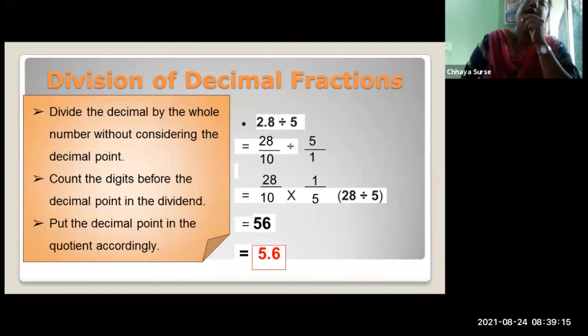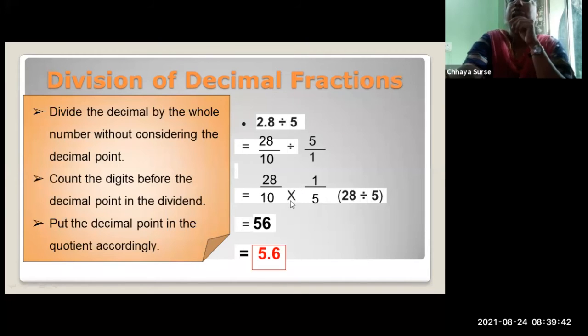Now we learn about division of decimal fractions. In the previous chapter, operations on fractions, you learned about the reciprocal. When you are dividing the fractions, when you are dividing the decimal fractions, you can use the reciprocal.